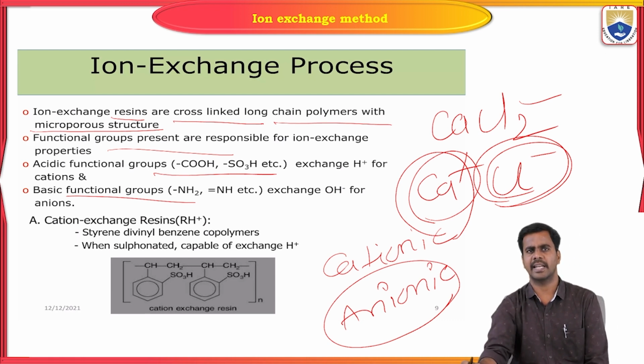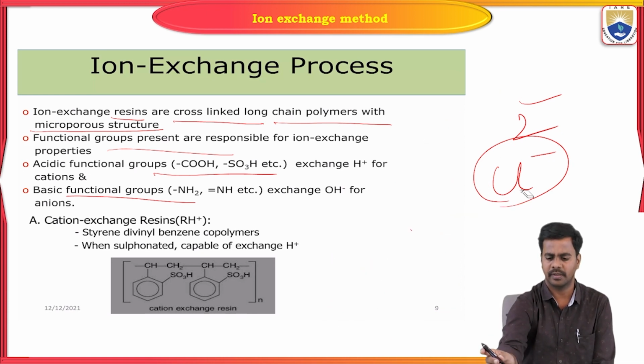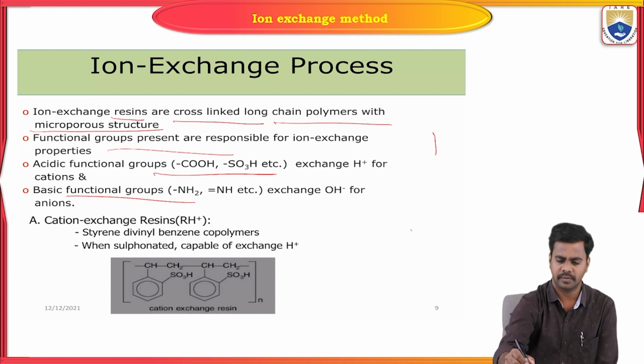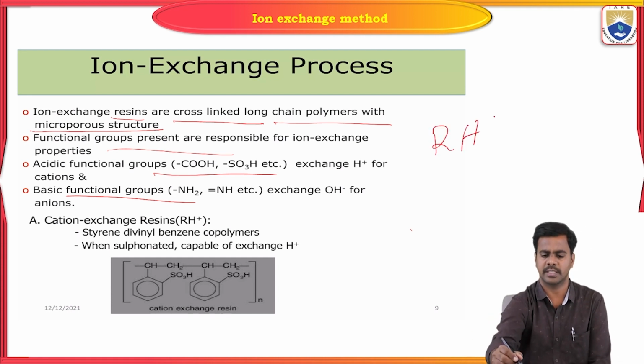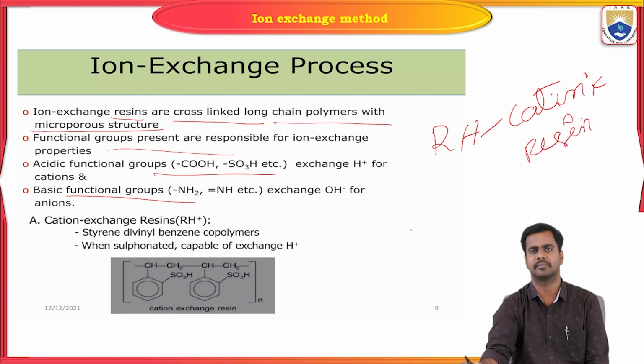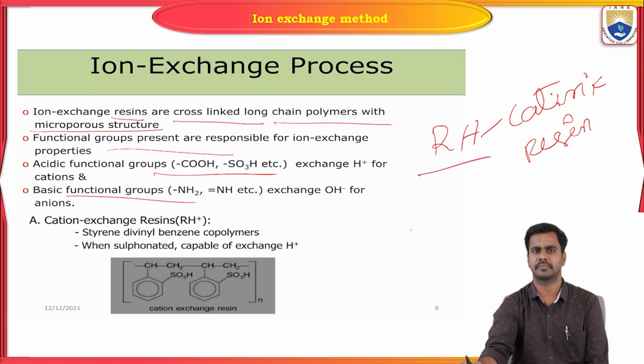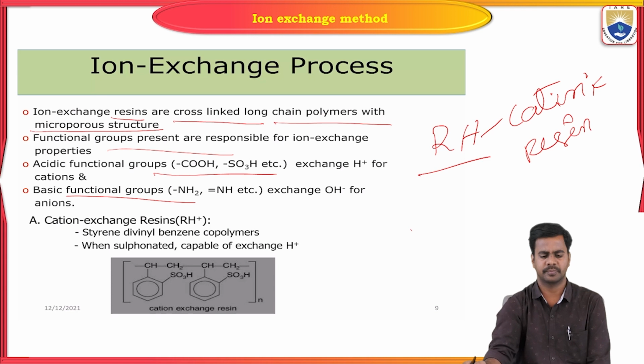The cationic resin is represented by RH. This is a cationic resin. Why? Because a cationic resin is nothing but a resin which contains acidic functional groups. Let us consider some examples.